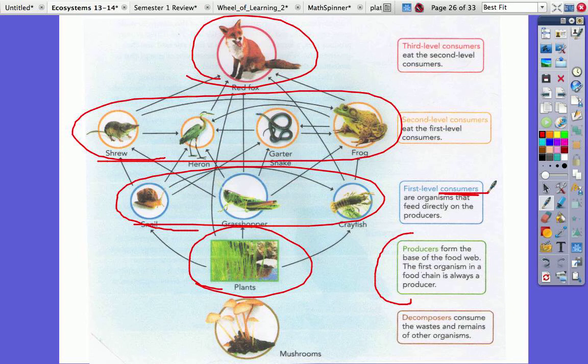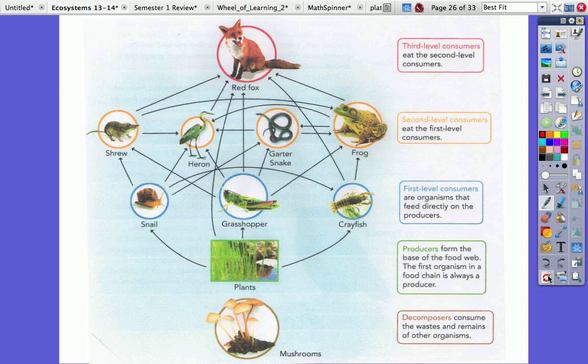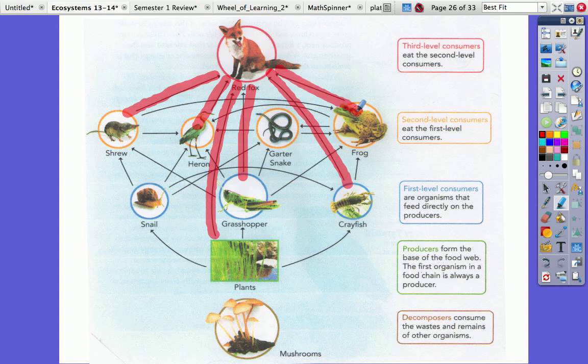The main energy sources for the red fox, the way that you do this one is kind of backwards from finding what feeds on an organism. You find your red fox, and then you just look at all the things pointing to the red fox. That will show you what all it eats, so what all the energy sources it has. So that's 1, 2, 3, 4, 5, and 6.